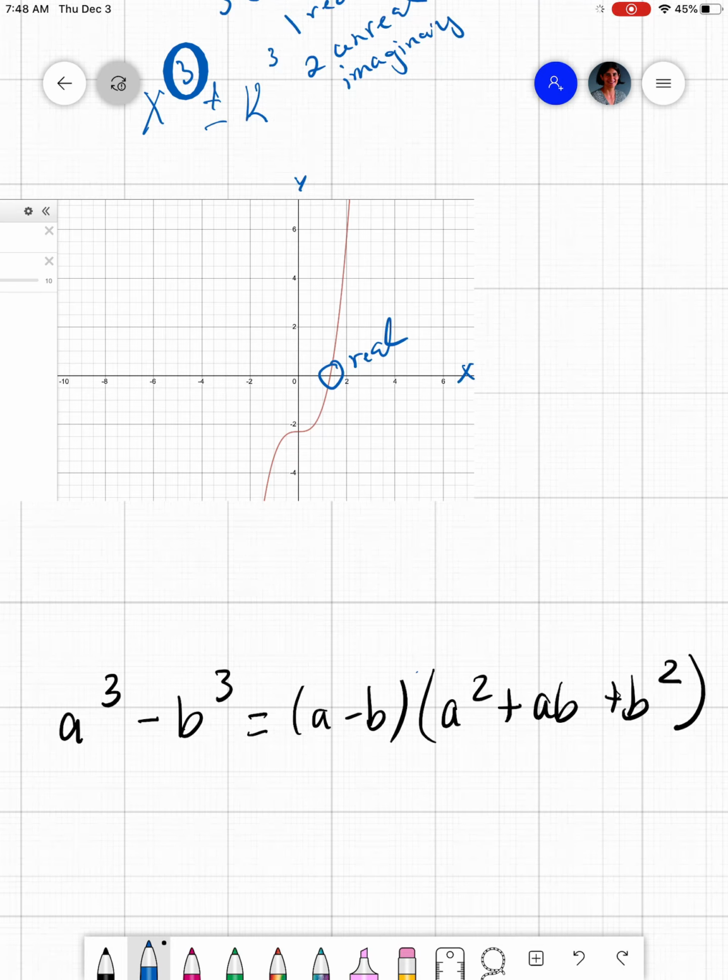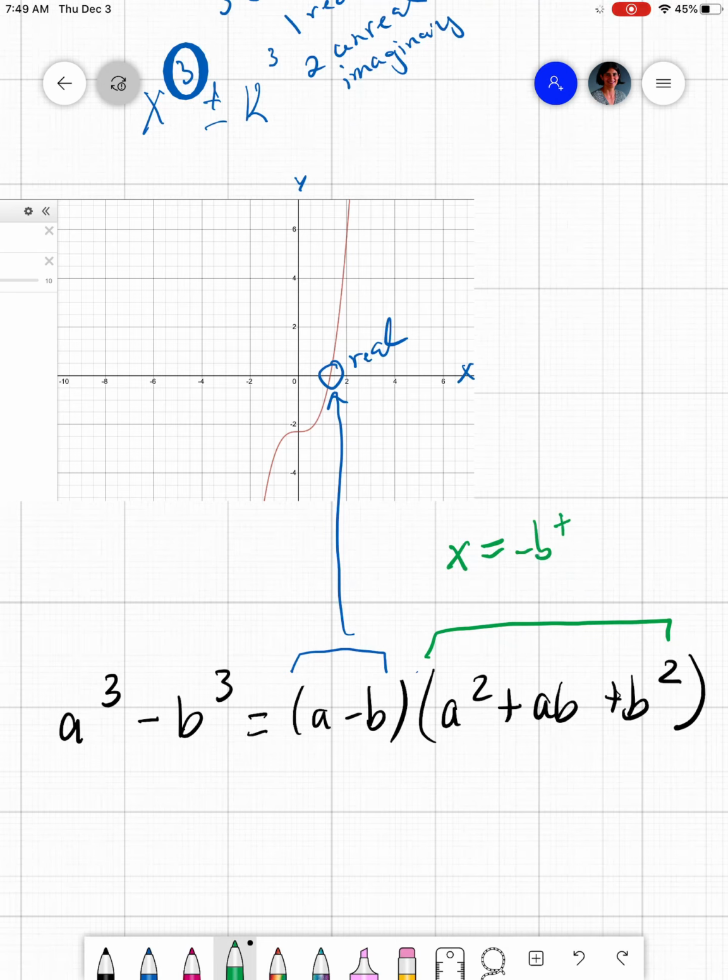We're looking at when we have either a cubed minus b cubed or a cubed plus b cubed. There's really no difference, so I'm just going to focus on a cubed minus b cubed first. This is the real part that we're seeing up here, the a minus b, which in this case is going to be some x minus a value. Then for this other part, we're going to have to use the quadratic formula, and I'm going to do a real example in just a second.